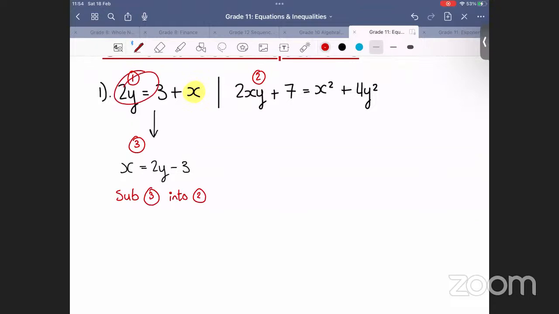Always, I label 1, I label 2, I rearrange in 1. Whichever one you're labeling as 1 must be the one where you create 3 from. Okay, let's keep it as that so that it makes sense. I formed my third equation, which is the rearranged equation, the one where I've isolated my variable x.